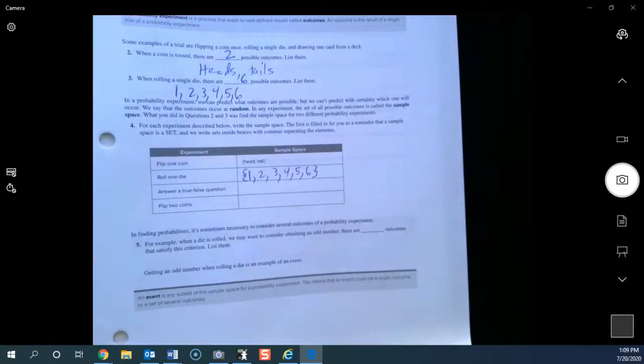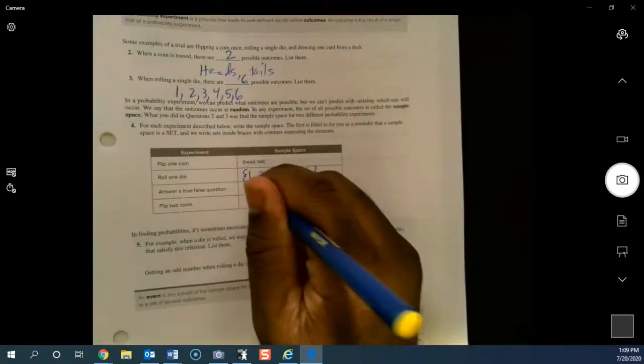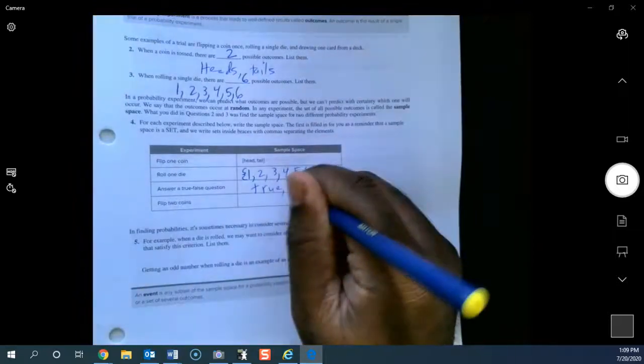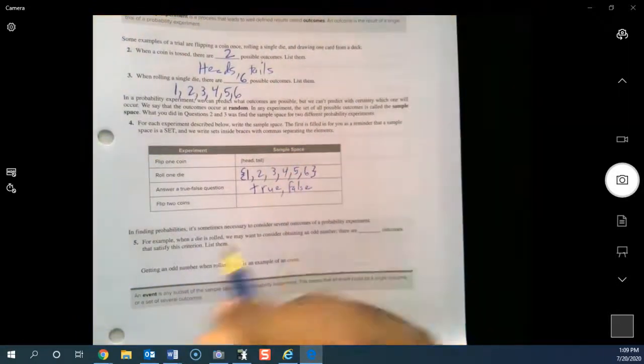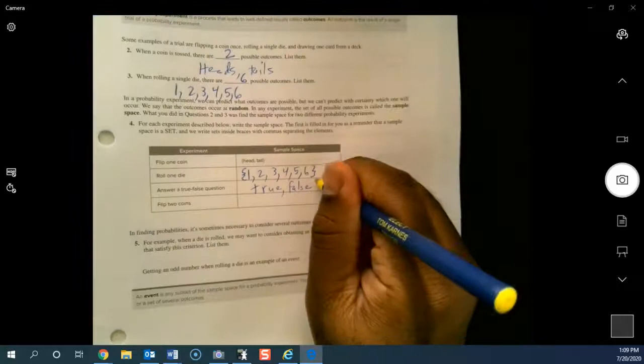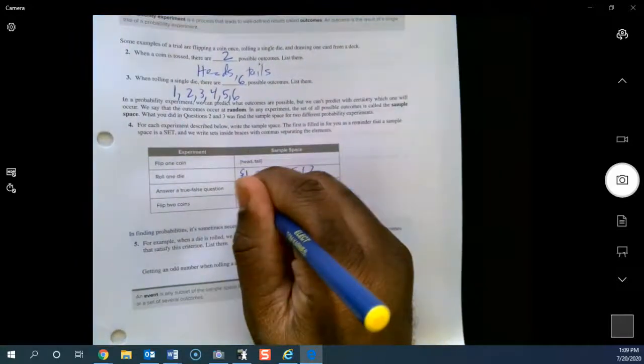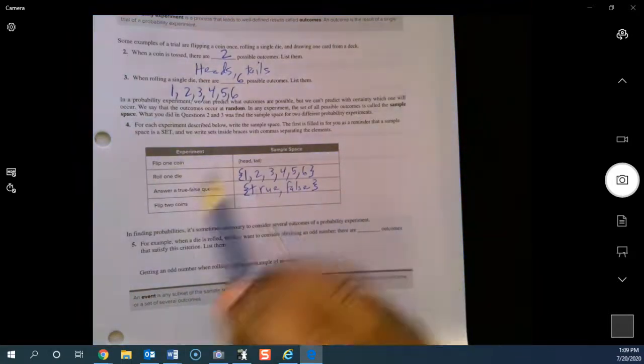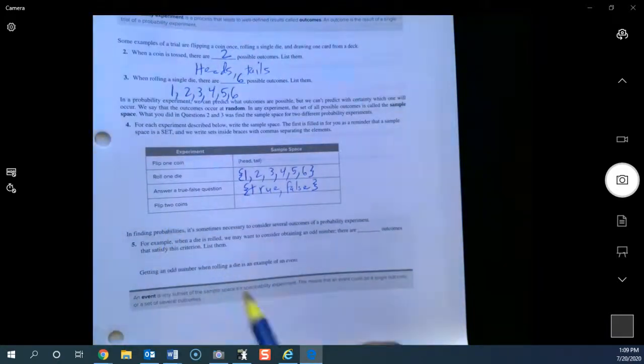Now it says answer a true, false question. So then you will have true, false. So this is a true, false question, and we will have our braces. Now, sometimes, of course, we know true, false questions can have a T, comma, F. So just to let you know. Now it says flip 2 coins.